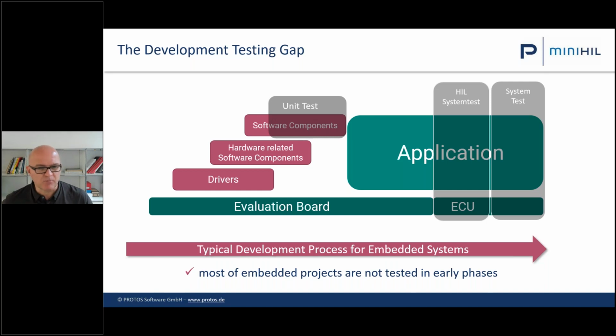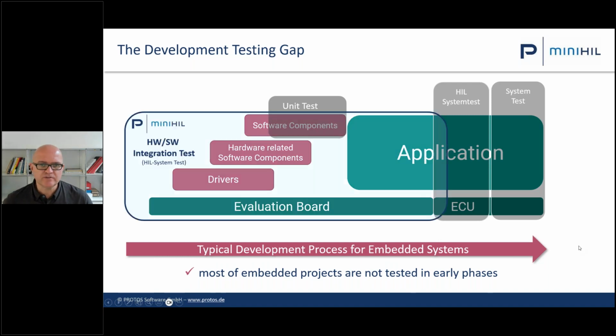You need a little bit more than that. And later in the process, you can have a HIL test, hardware in the loop test, which is usually very expensive, and the system test in the real world system is usually even more expensive and very slow.